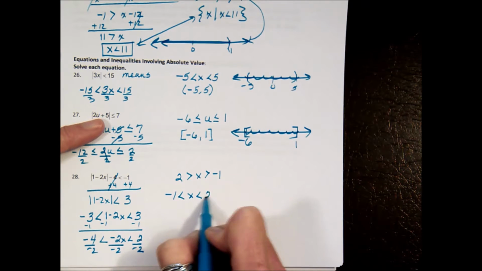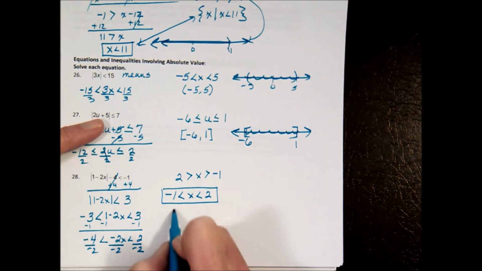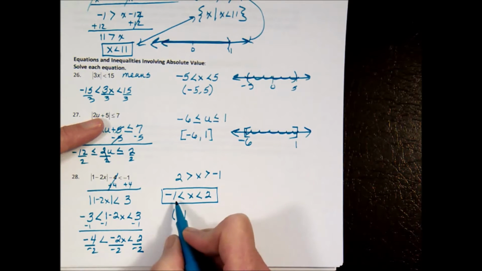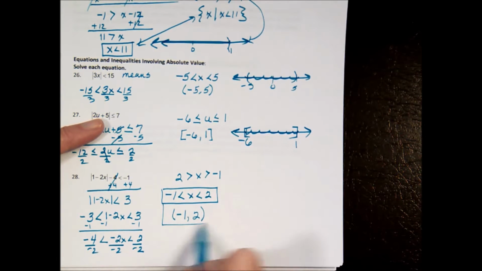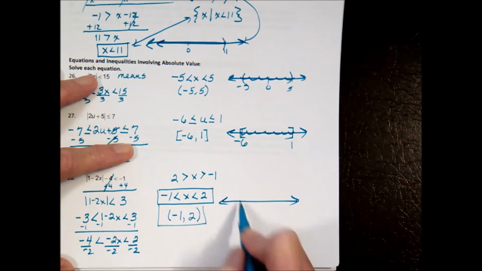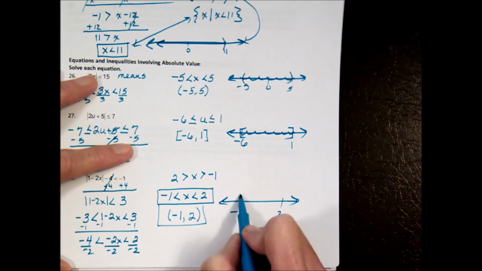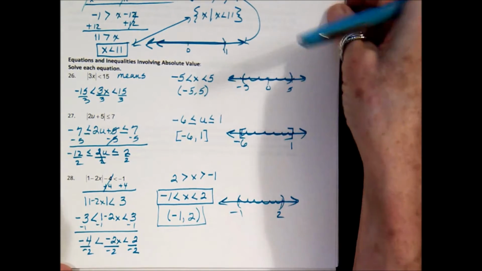So there is the inequality. Negative 1 is the interval not included. 2 is the interval not included. So there is the interval. On a number line, negative 1, 2, not included, everything in between, because they are type 1.